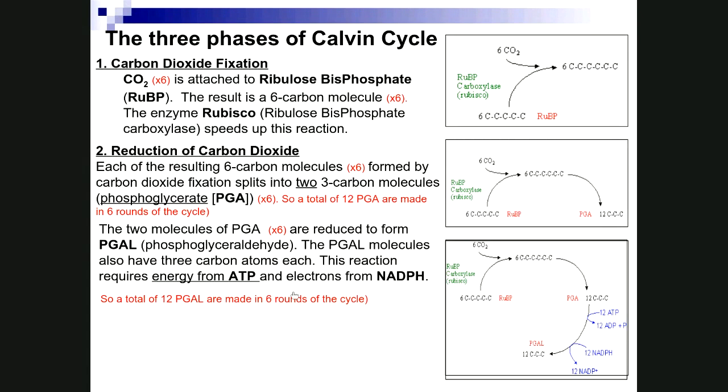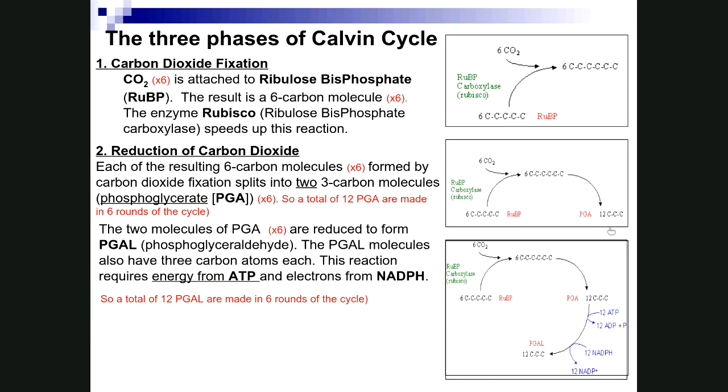Now, I said 2, but in reality, we're starting out with 6 carbon dioxides. We're going to add them to 6 ribulose bisphosphate. So we're making 6 molecules that have 6 carbons. Those 6-carbon molecules get split into 2, so we're going to have 12 3-carbon molecules. These are called PGA, so we have 12 PGAs.